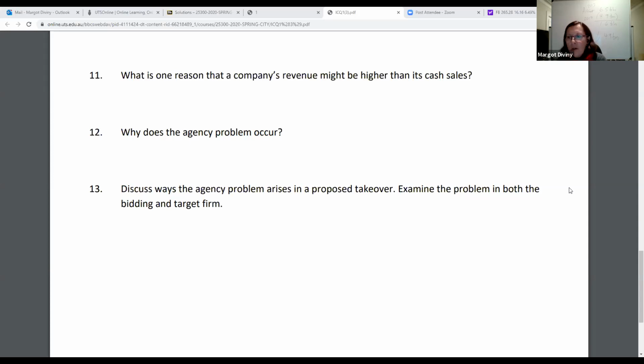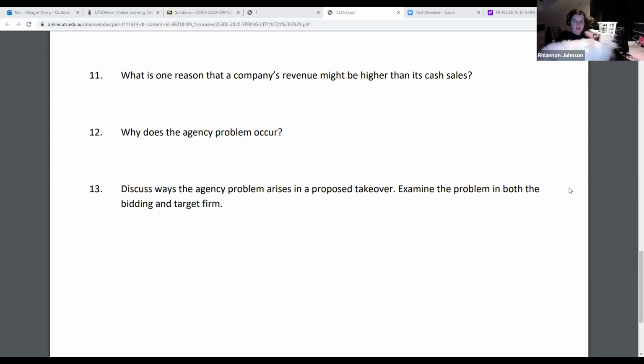Can anybody think of, from the target point of view, what's an example of an agency issue? So the company that's on the receiving end of the takeover, what could be an agency issue there? If the management wants the takeover and the shareholders don't.